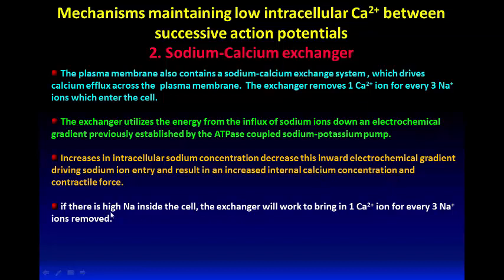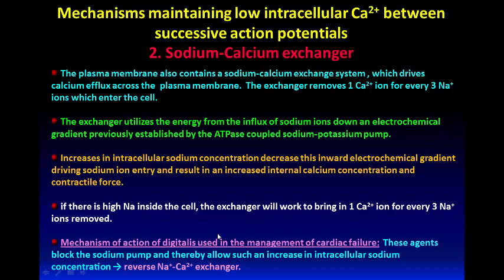How? If there are high sodium ions inside the myocytes, this calcium sodium exchanger will work in the opposite way, in a reverse way. It will bring one calcium ion from the extracellular fluid into the cell for every 3 sodium ions moved out of the cell.